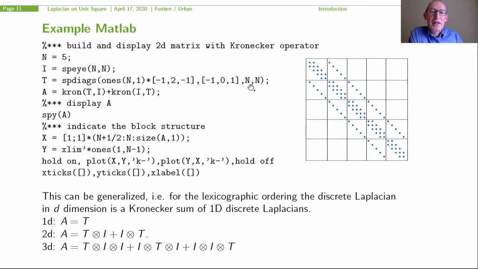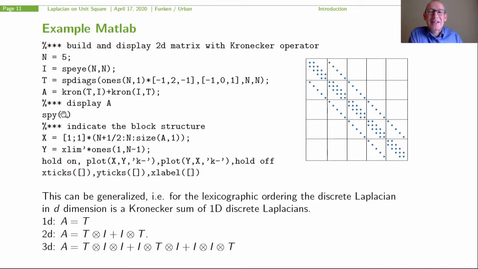We end up with an n by n matrix, and the entries for the diagonals: we have 3 diagonals, each of length n. They're all the same, a multiple of 1, and each row is minus 1, 2, minus 1. Just shifting it along the diagonals gives the matrix T. Using the Kronecker function of MATLAB and adding both Kronecker products will give our matrix.